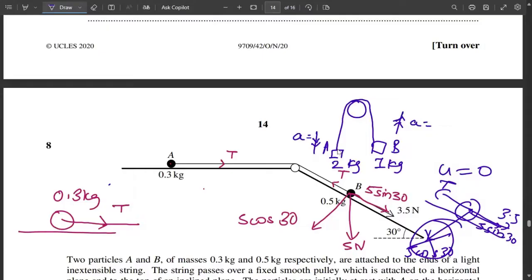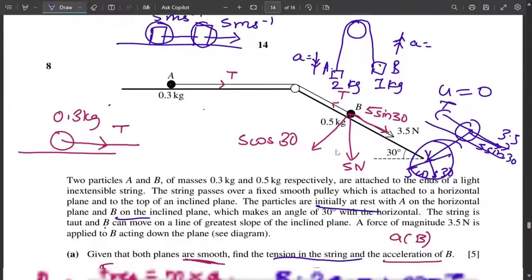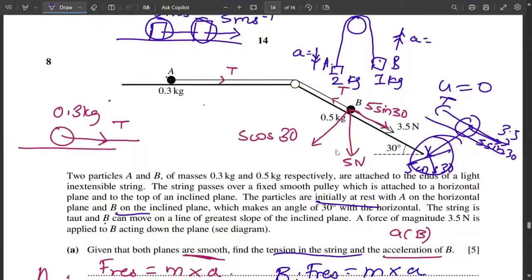Why? Because both are connected. One can't move at 5 meters per second and the other at 2 meters per second. Not possible. Assume you have one box here, you stick it to one stick and connect another box. Then you push one box. If this box moves at 5 meters per second, of course the other has to move at 5 meters per second because both are stuck. Both will have the same velocity.